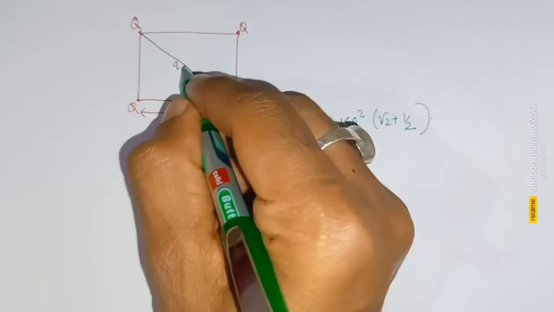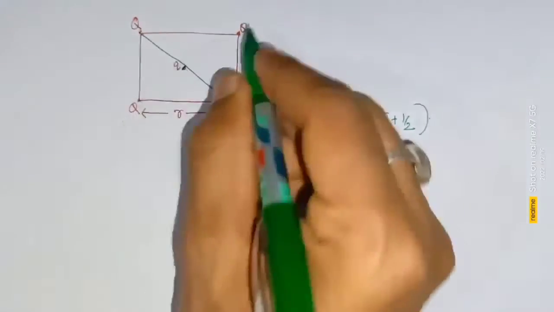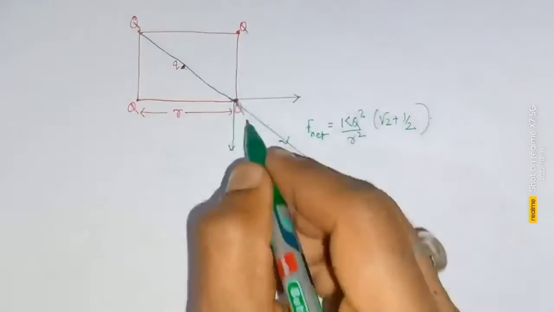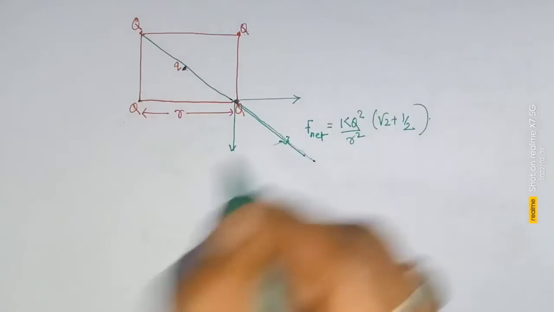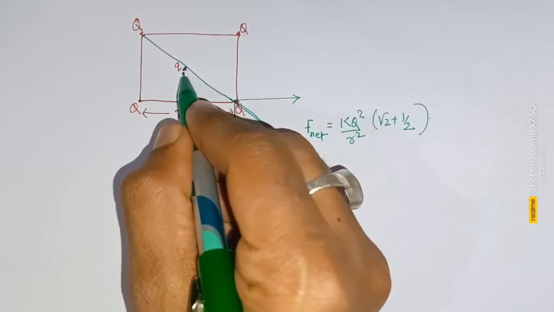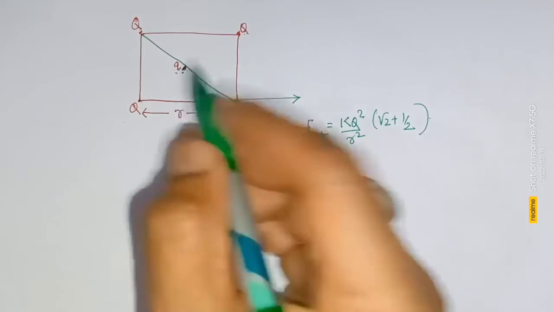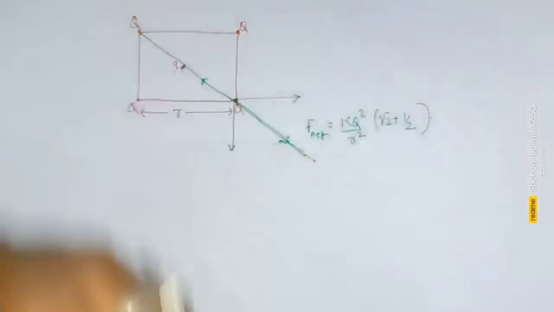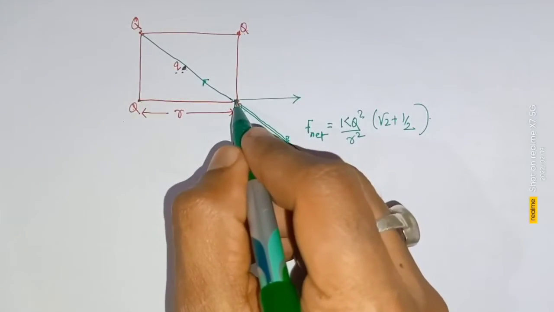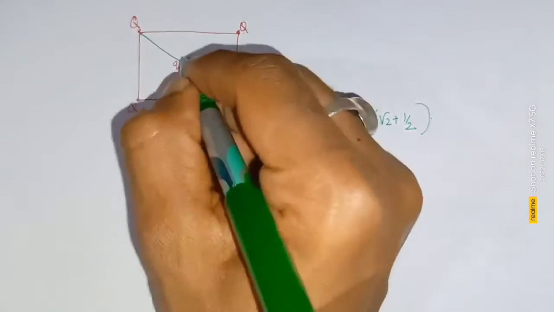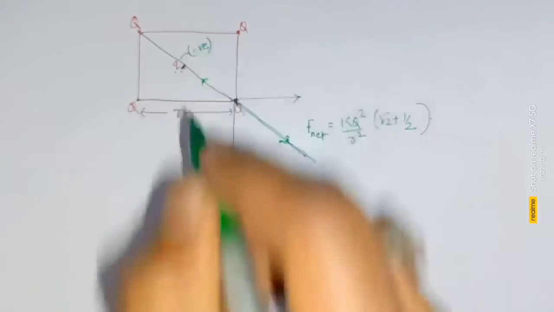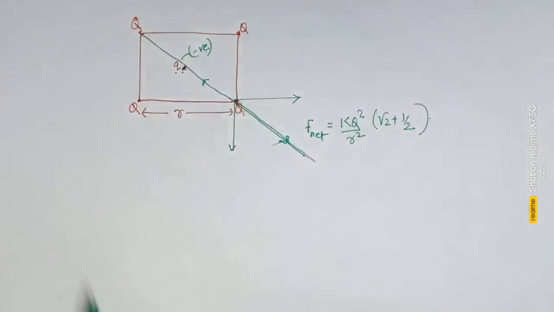Now look at this scenario. Due to these 3 charges, 1, 2, 3, the net force will be like this. So what should be the nature of the charge? This charge must be negative, so that it will pull in this direction, so that the net force on this charge will be 0. So this charge's nature is negative. This is pretty clear.